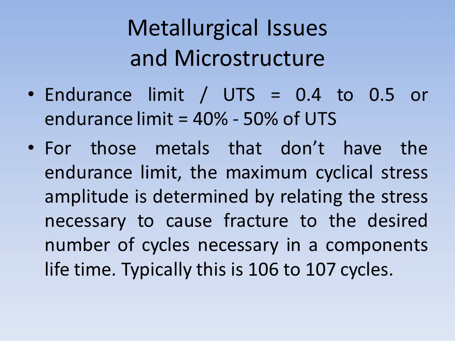For those materials that don't have the endurance limit, like aluminum, 300 series SS, etc., the maximum cyclical stress amplitude is determined by relating the stress necessary to cause fracture to the desired number of cycles in the component's lifetime. Typically, this is fixed to 10^6 to 10^7 cycles.